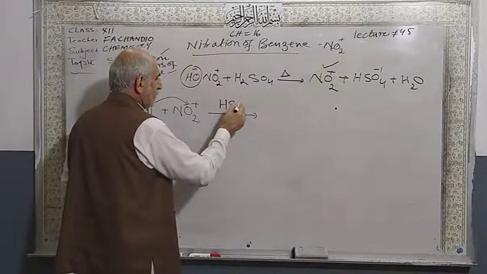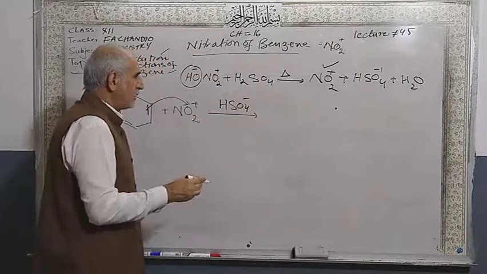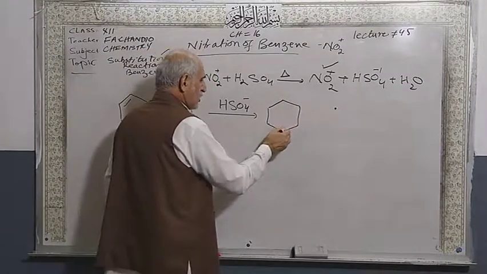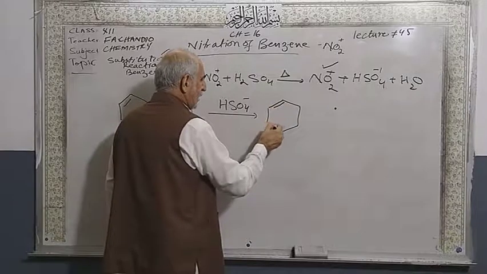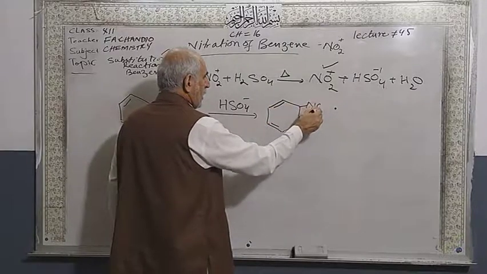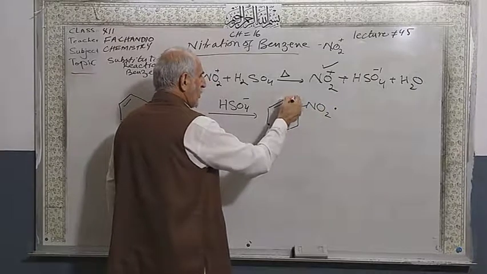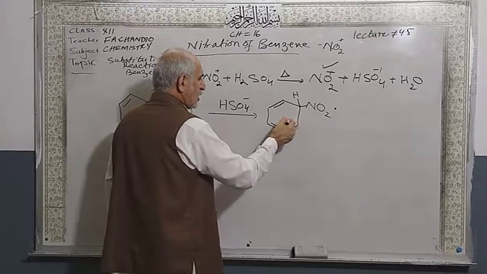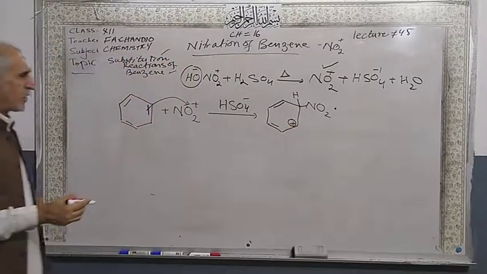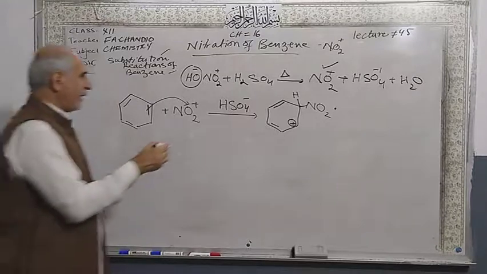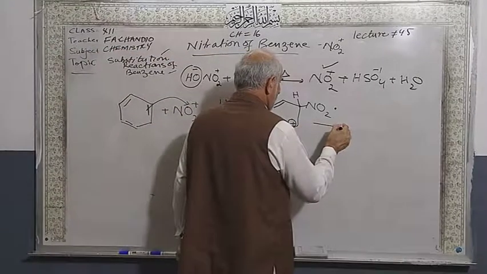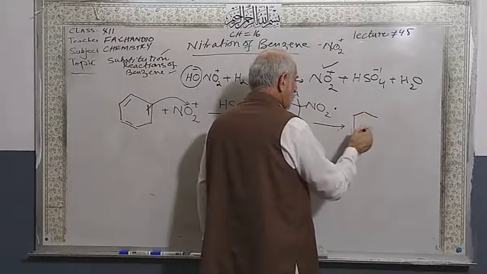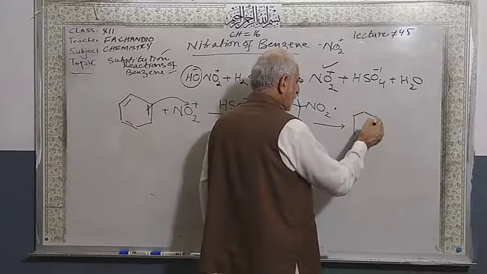Then the base. So you will get an intermediate state. Here the nitro group is attached to this carbon atom, and the valency of this carbon is not satisfied, so a positive charge is created. Then in the next step, this hydrogen proton is substituted by the nitro group.